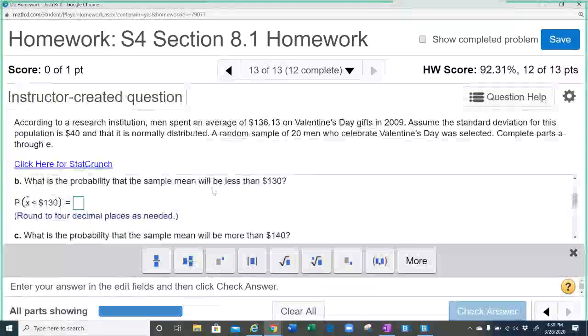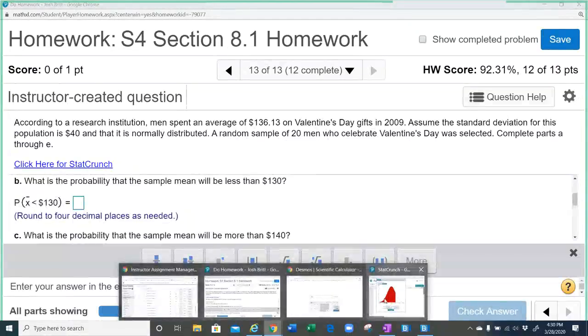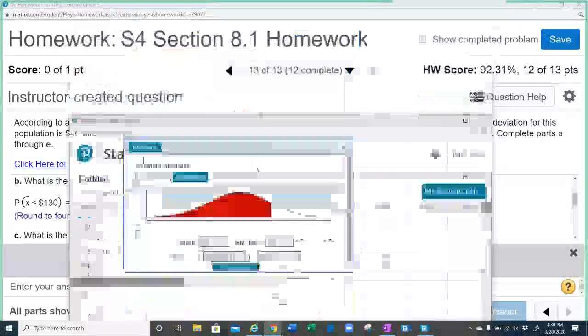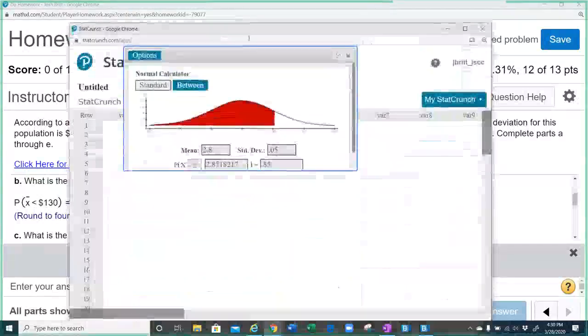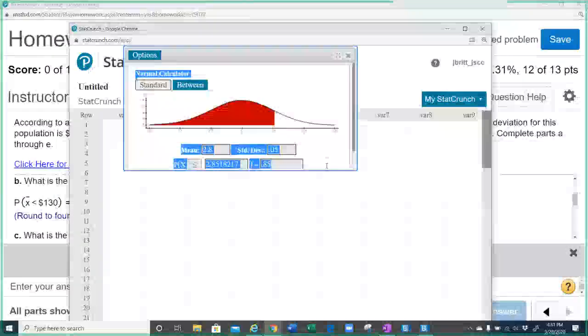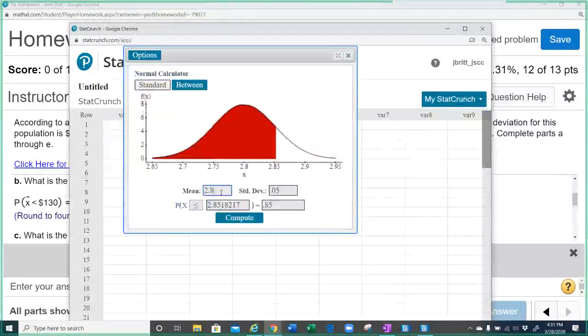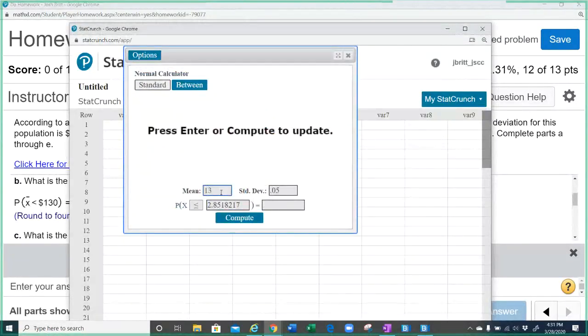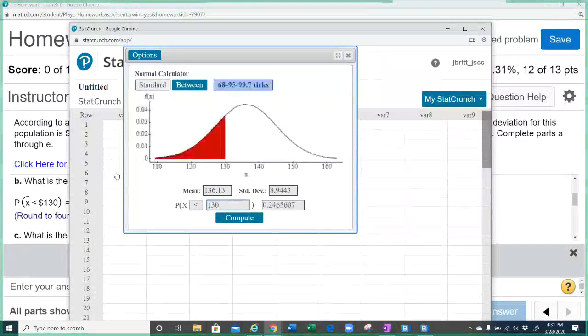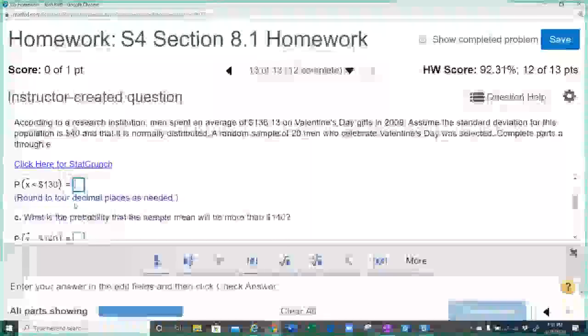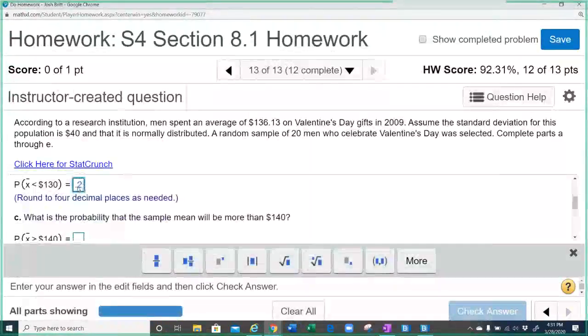Less than 130. So let's do our mean, which was 136.13. Standard deviation we got was 8.9443, and we want less than 130. So 0.2466.